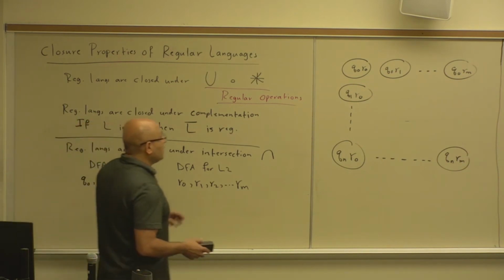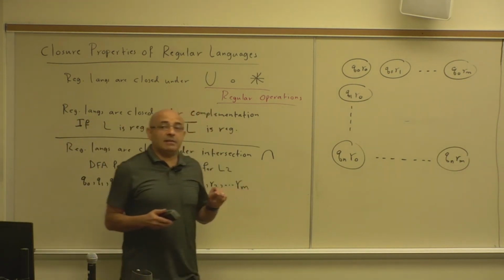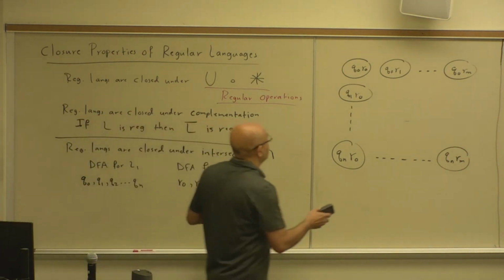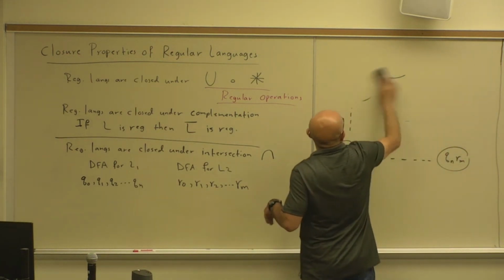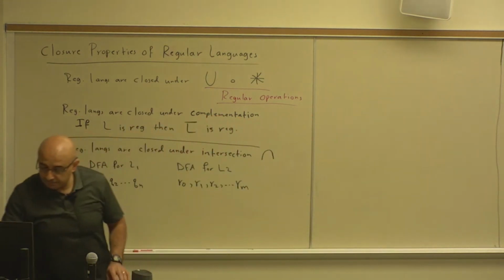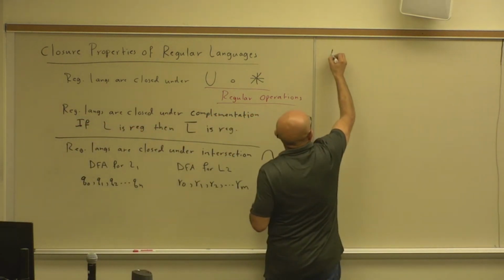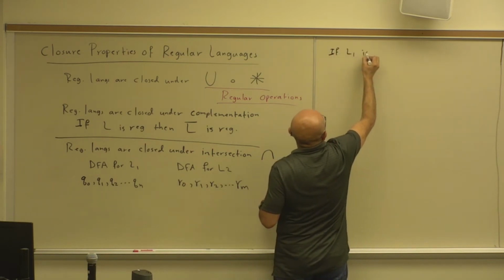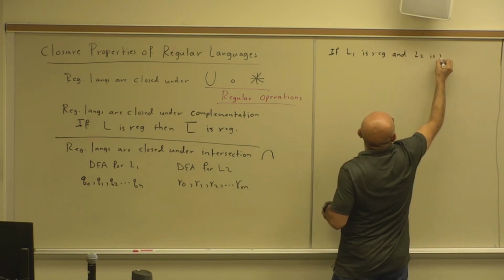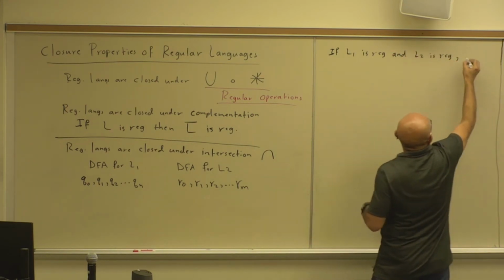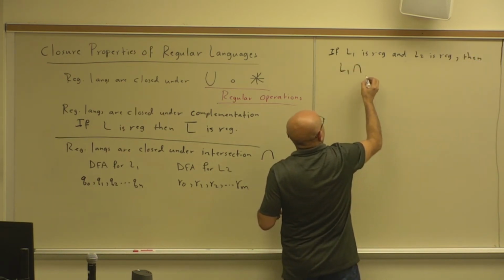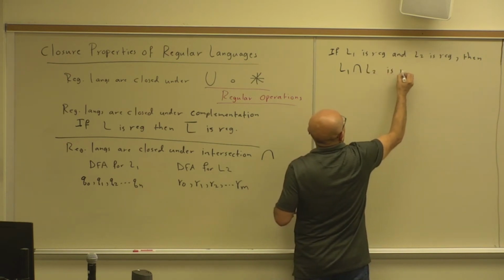But in a previous lecture, we said that we can prove mathematically that regular languages are closed under intersection, without showing how to construct a DFA. If L1 is regular and L2 is regular, then L1 intersection L2 is regular.